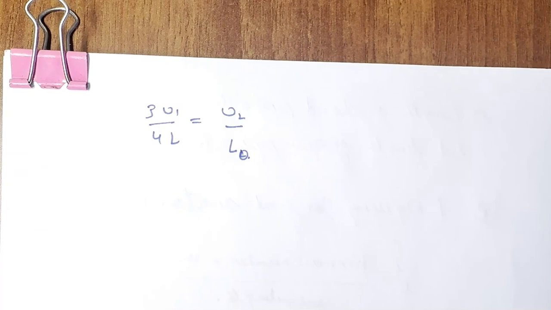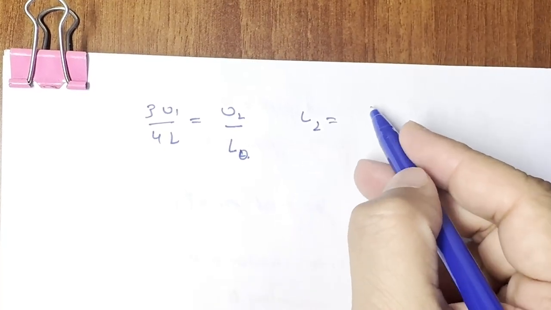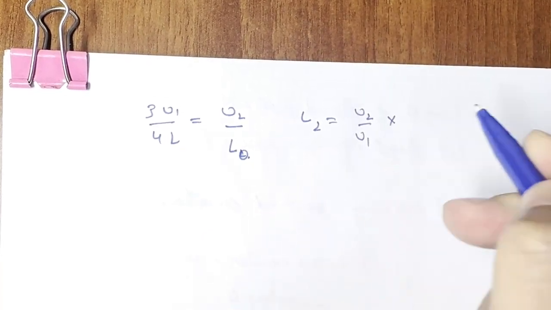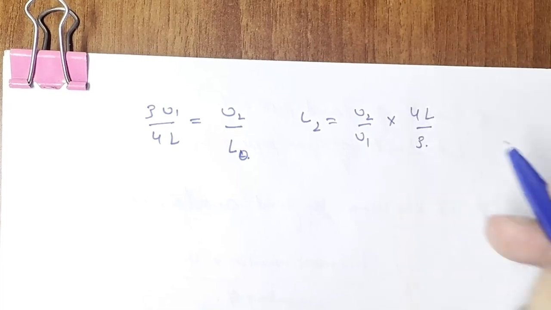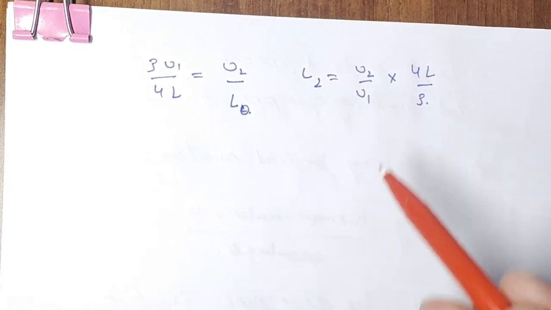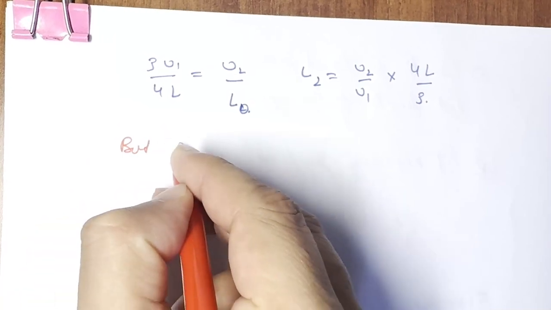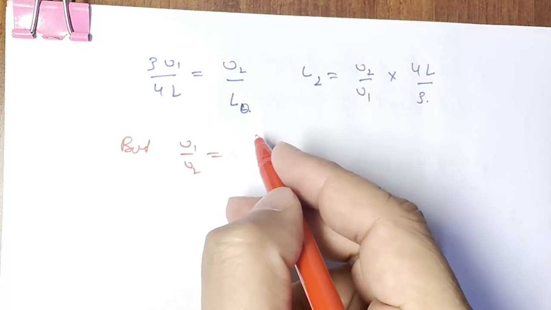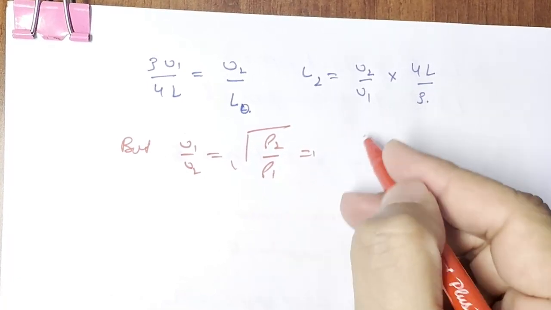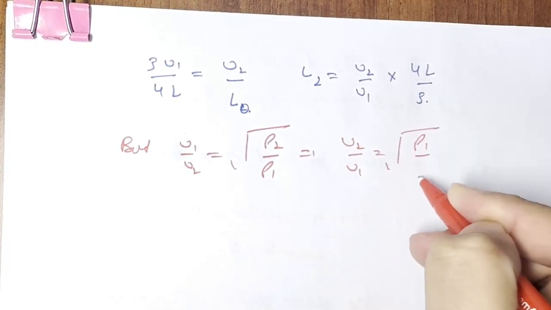So therefore we can write L naught will be equal to V2 by V1 multiplied by 4L and divided by 3. V1 by V2 we calculated as square root of rho 2 divided by rho 1, so we just reverse it. V2 by V1 will be equal to square root of rho 1 upon rho 2.